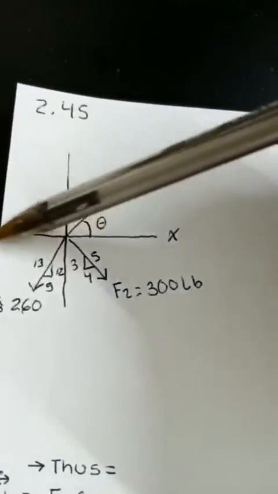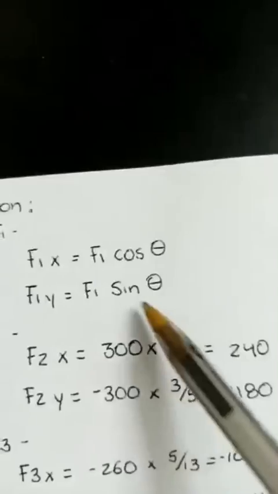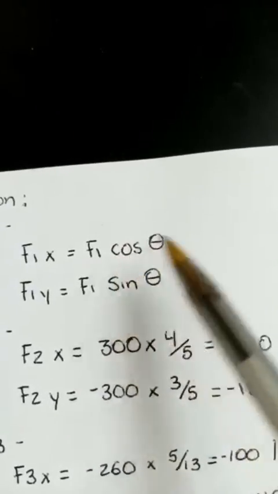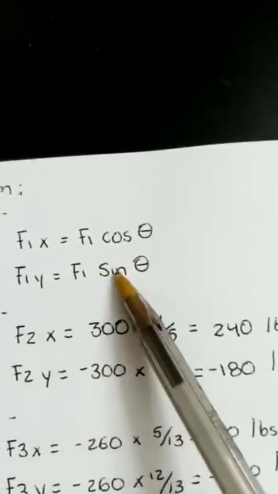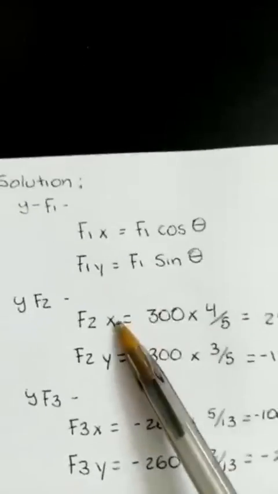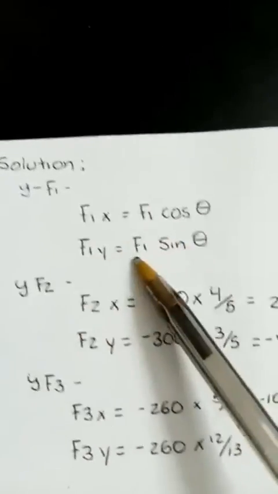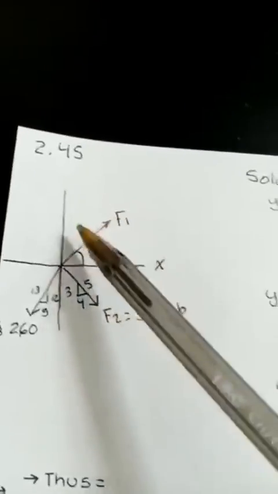Now, we're going to grab F1 and F1x, using the x-axis, which equals F1 cosine of theta, and F1y equals F1 sine theta. We're going to do the same thing with every single one of them, F1, F2, and F3.